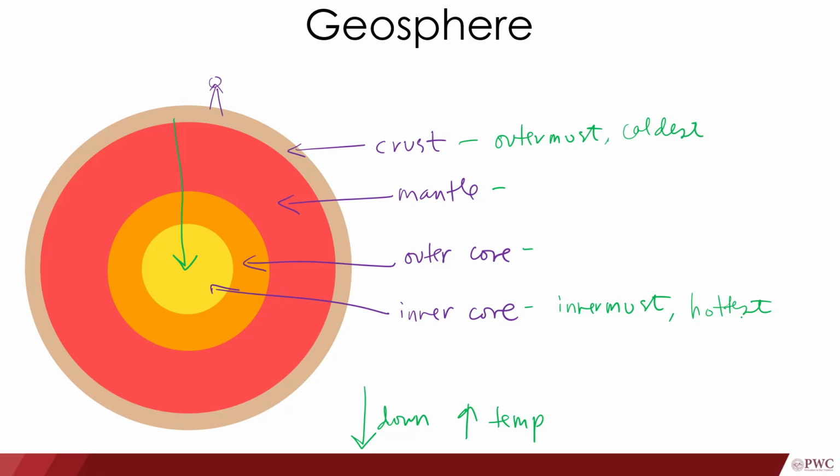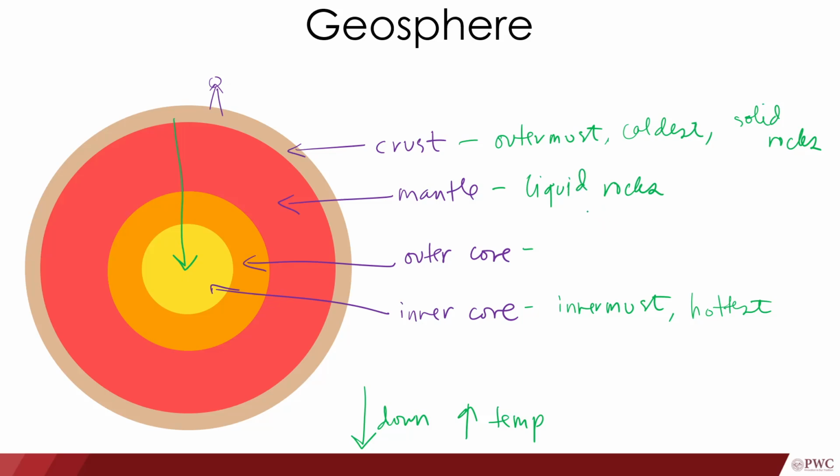And then let's compare them in terms of their composition. In terms of composition, of course, the crust is made up of solid rocks. The mantle is also mostly made up of rocks, but instead of solid, the rocks in the mantle are mostly in liquid, melted, or molten form.